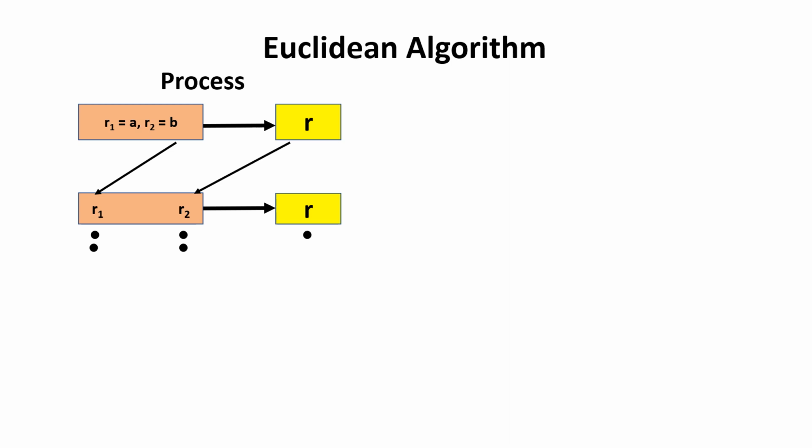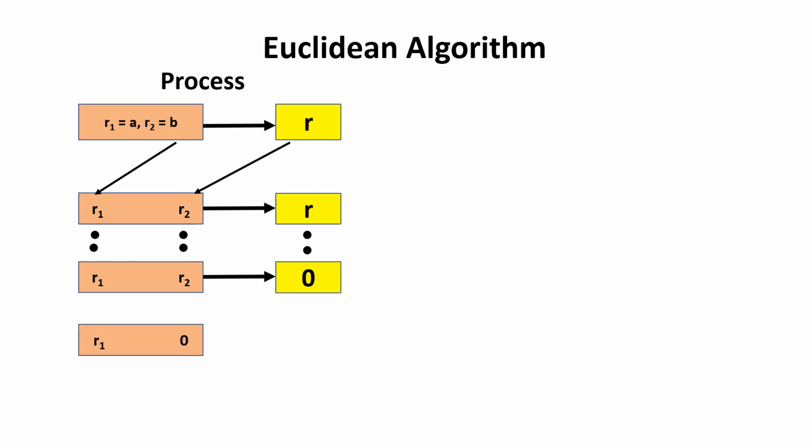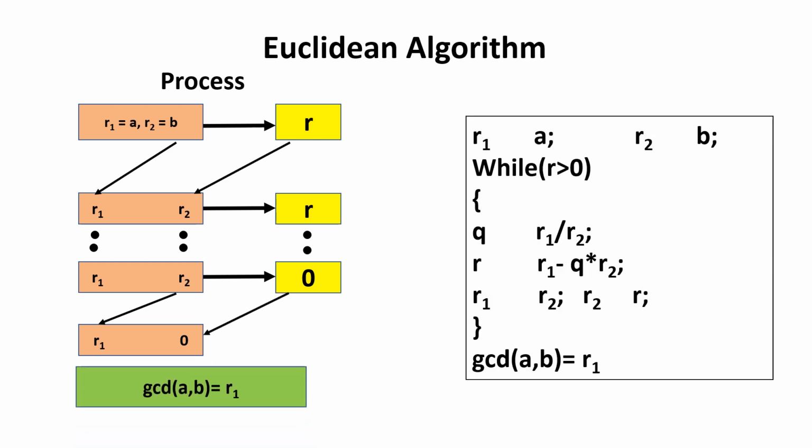The steps are continued until r2 becomes 0. At this moment, we stop. The gcd(a, b) is r1. Note, when gcd(a, b) equals 1, we say that a and b are relatively prime.